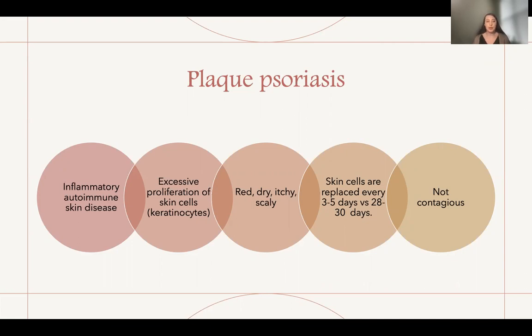In an individual with plaque psoriasis, skin cells are replaced every 3 to 5 days versus every 28 to 30 days in a healthy individual. Plaque psoriasis, like most other types of autoimmune disorders, is not contagious, despite the past historical misunderstanding that psoriasis was associated with leprosy. This is not true.